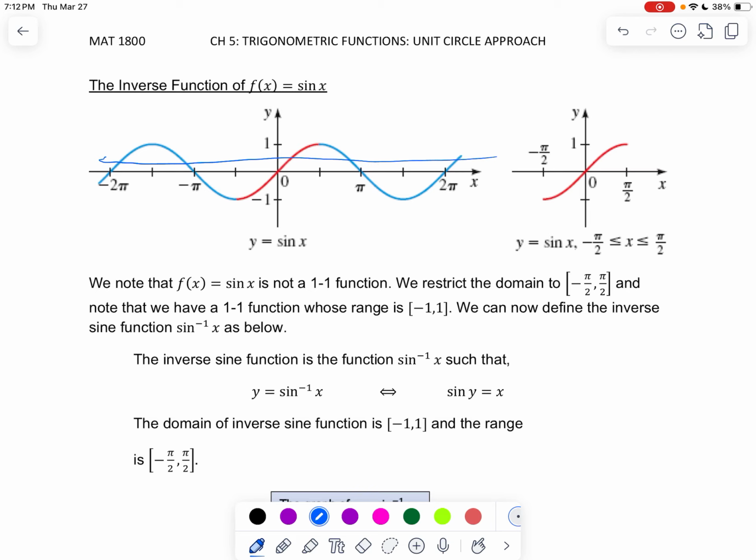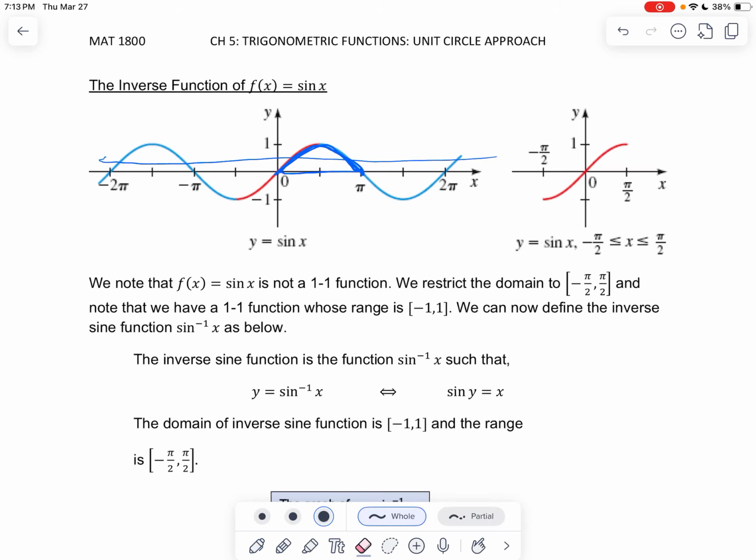How do we restrict it? We pick a domain such that all values of the range are in there, and also the piece of the function is one-to-one. For example, if I take the piece between 0 and pi, it is not one-to-one, and it does not take up all the values of the range.